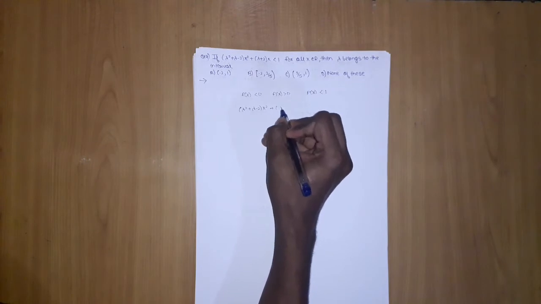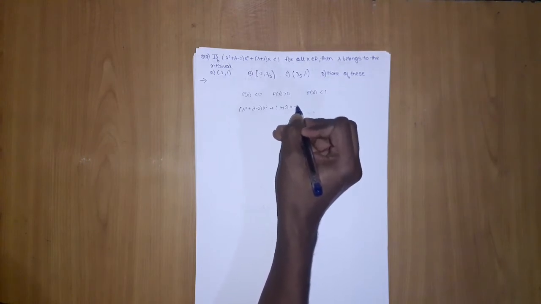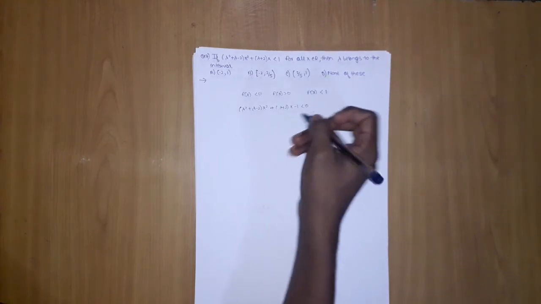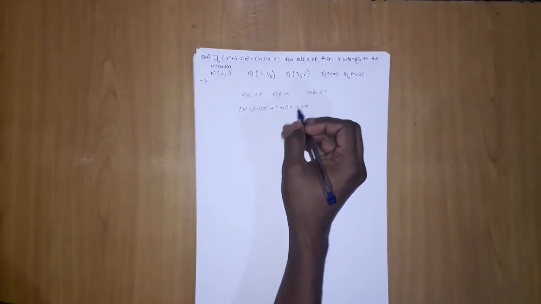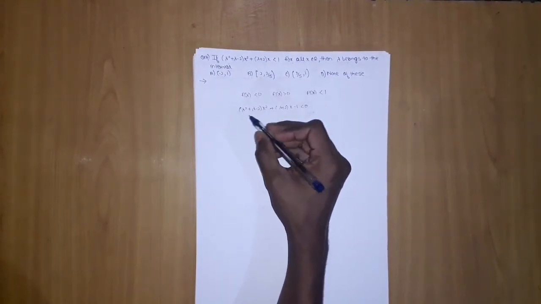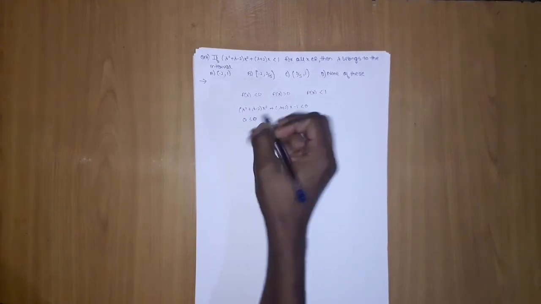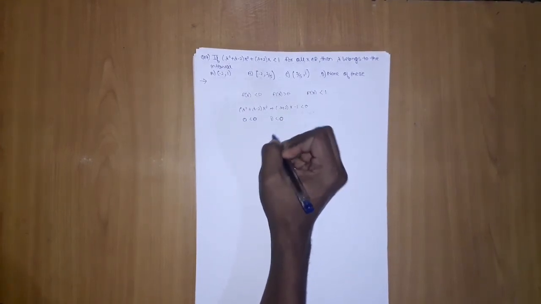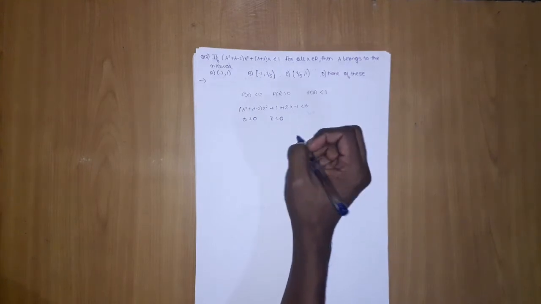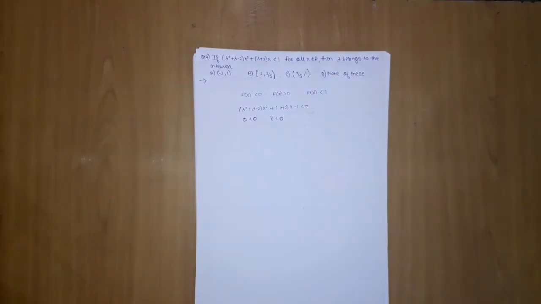So lambda plus 2 into x minus 1 should be less than 0. Okay, so we have got our f of x less than 0. Now what are the conditions when f of x is less than 0? It is a less than 0 and D less than 0. Now let's verify these two conditions.